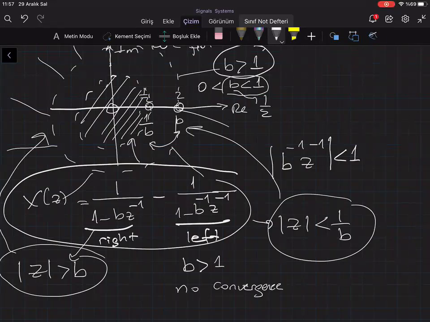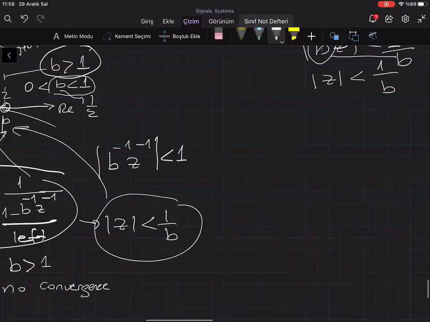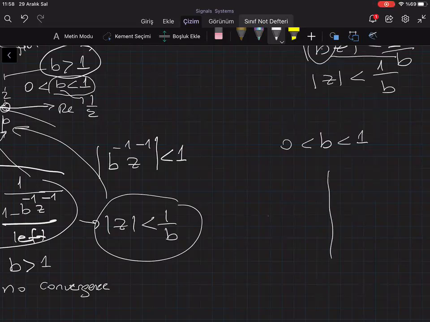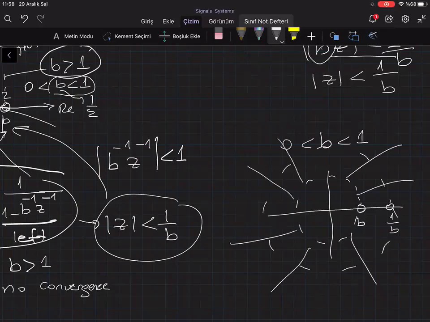So for what case is there a convergence? If B is between 0 and 1, then 1 over B will be here, B will be here. This is going to be the right-sided one, and this is going to be the left-sided one.